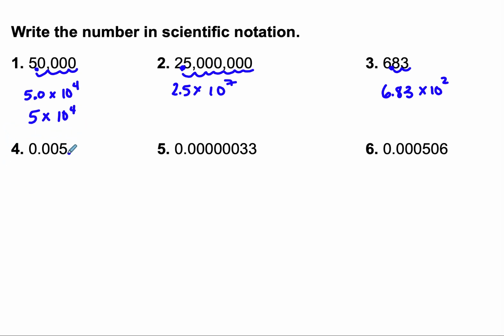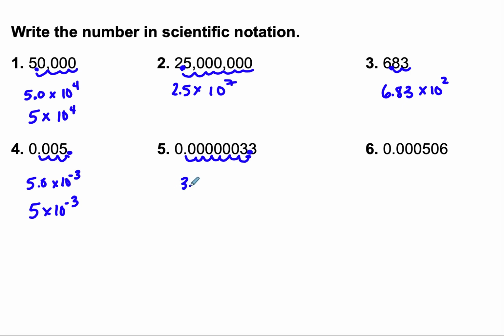Okay, so my decimal point is going to go after this 5, 1, 2, 3 spaces. So 5.0 times 10 to the -3rd, or like the one that's above it, problem 1, I could just do 5 times 10 to the -3rd, and that would be fine. All right, let's take a look at this one. Decimal is going to go after my first number that's not a 0, which is the 3. 1, 2, 3, 4, 5, 6, 7.